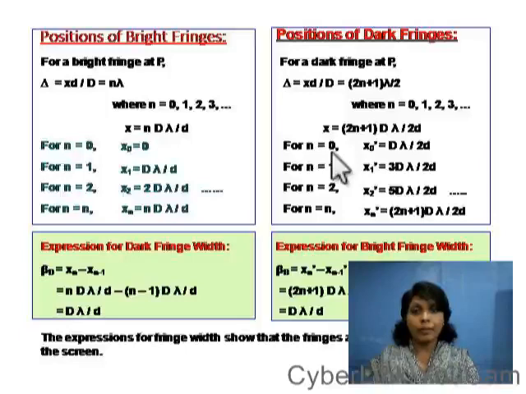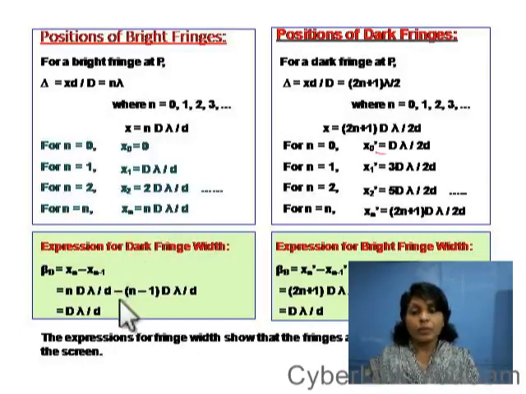For example, putting n is equal to 0, you get the first dark fringe to be at d lambda by 2d, and proceeding like this, you can find the positions where you get dark fringes.